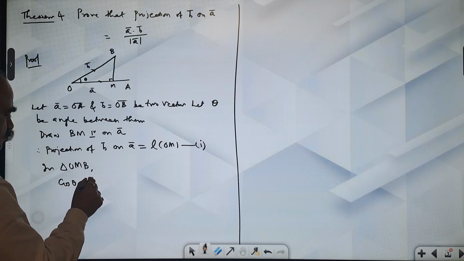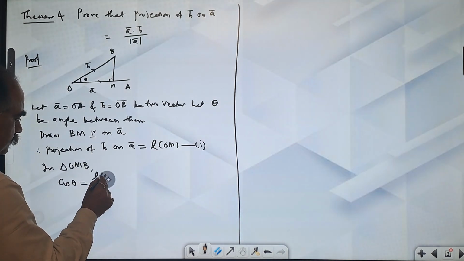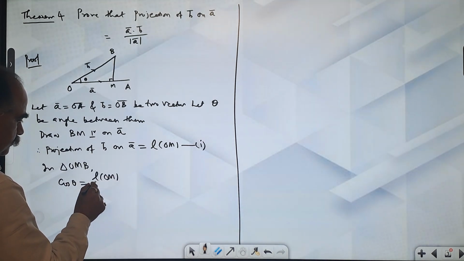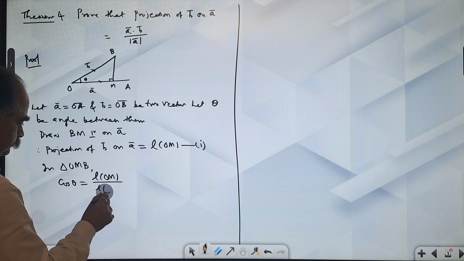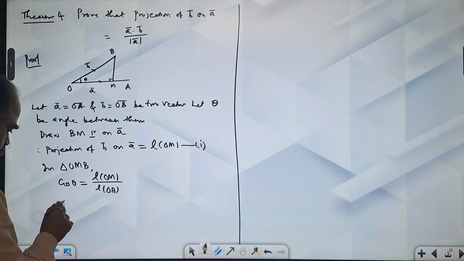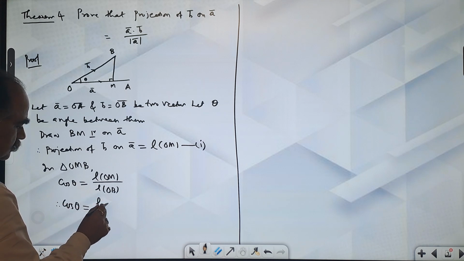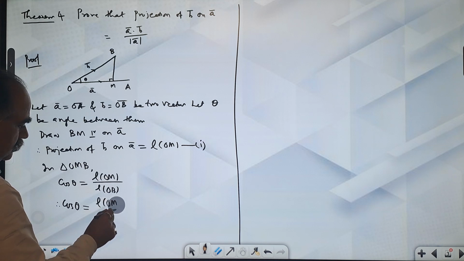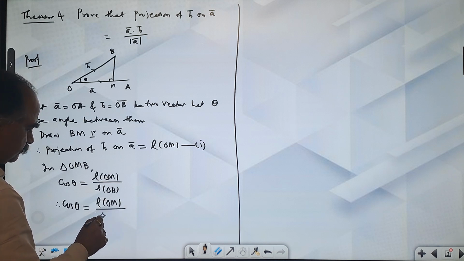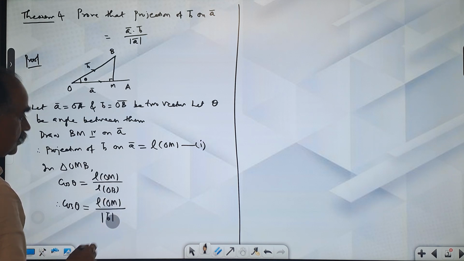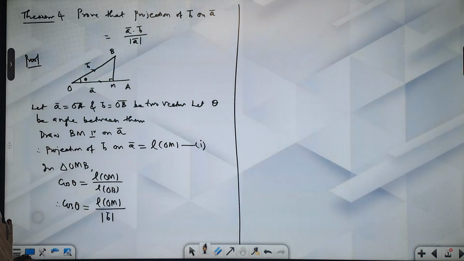Length OM upon length OB. Cos theta is what? Length OM upon mod B bar. Length OB is nothing but mod B bar.